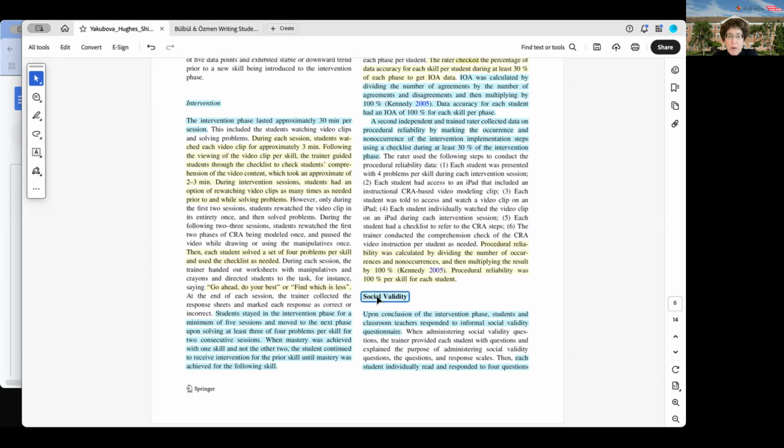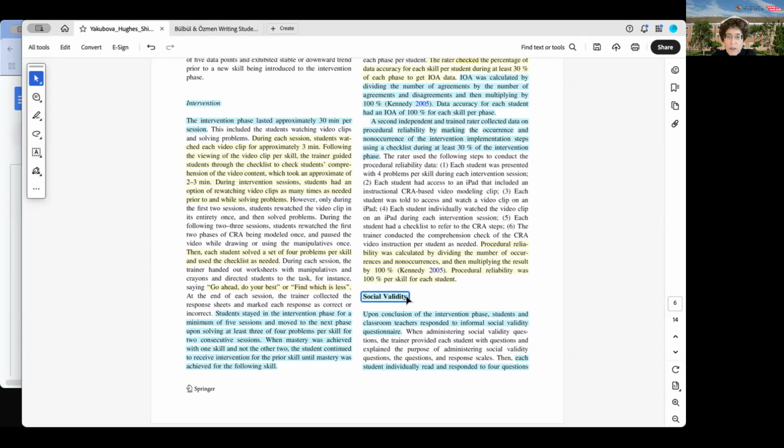Another variable which has to do with the external validity is social validity. And social validity is an outcome, which means is the benefit noticeable? Do students or teachers or parents think that what the students learned was meaningful and is observable, not just in a therapy session?